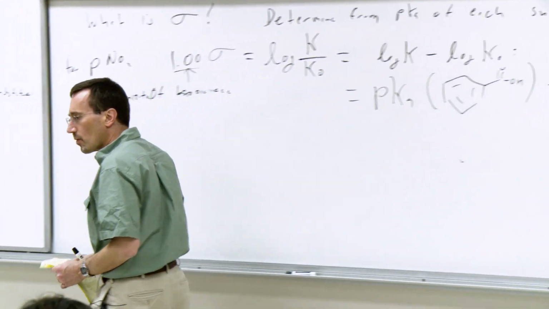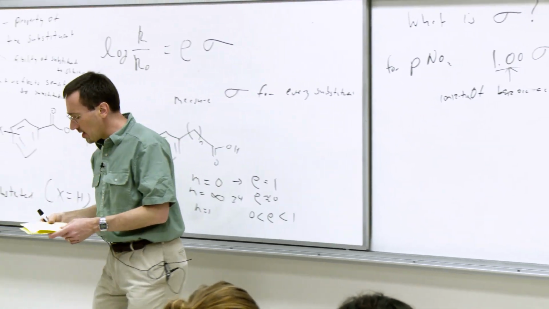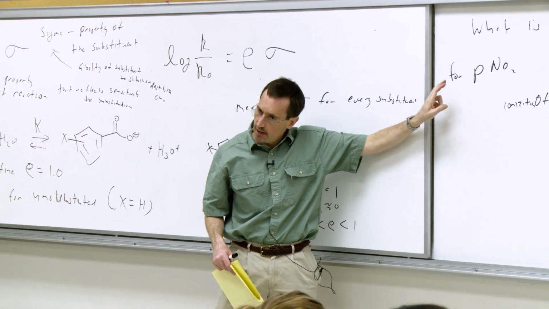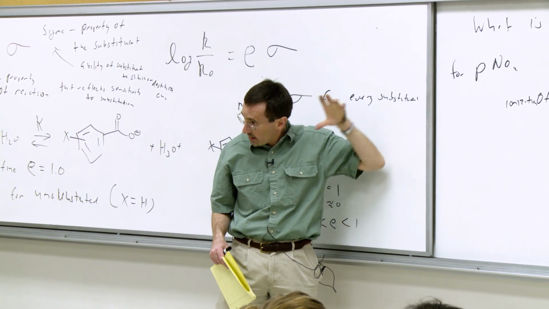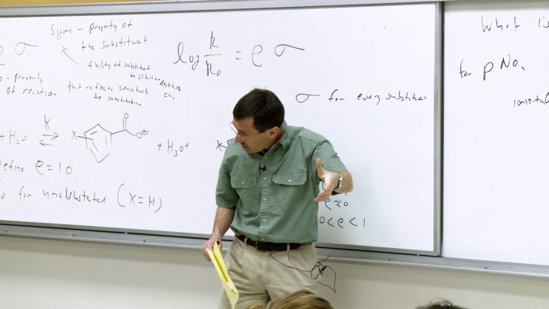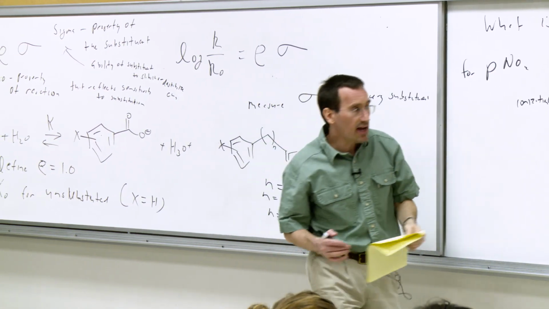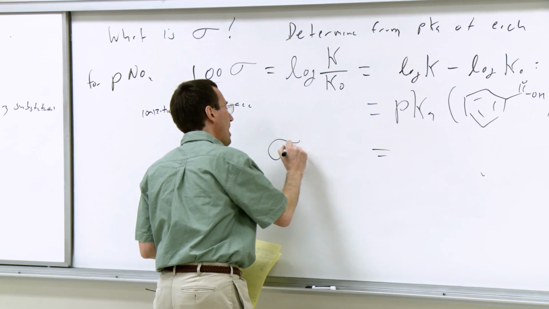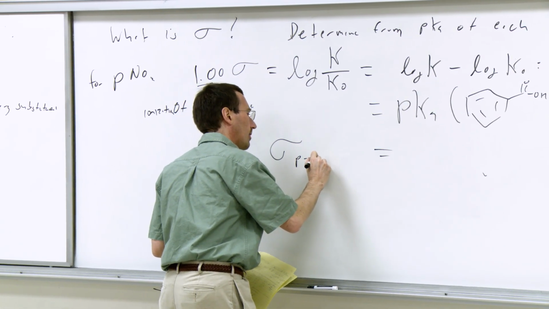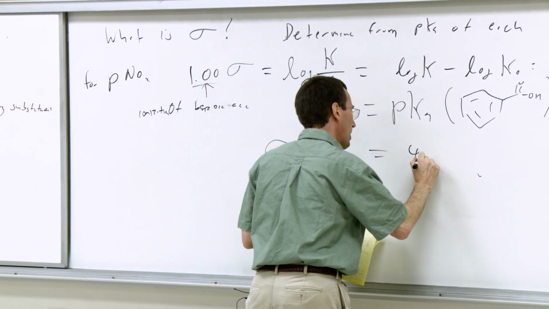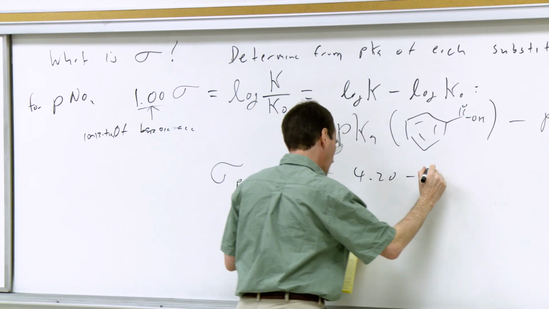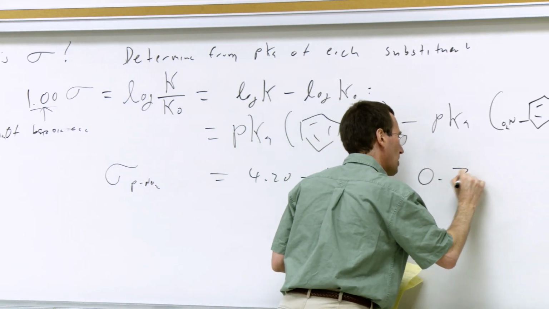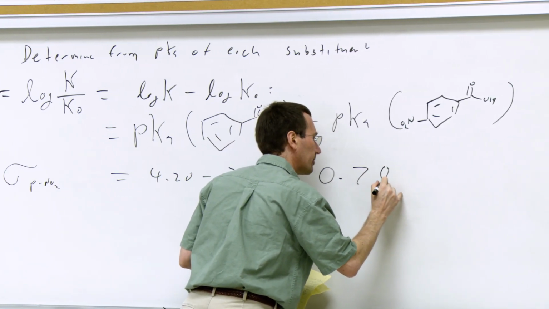All right, so in other words, what Hammett could do is say, for a paranitro group, we're going to measure the pKa, and thus determine that the sigma for a paranitro is equal to 4.20 minus 3.42, which is equal to 0.78.